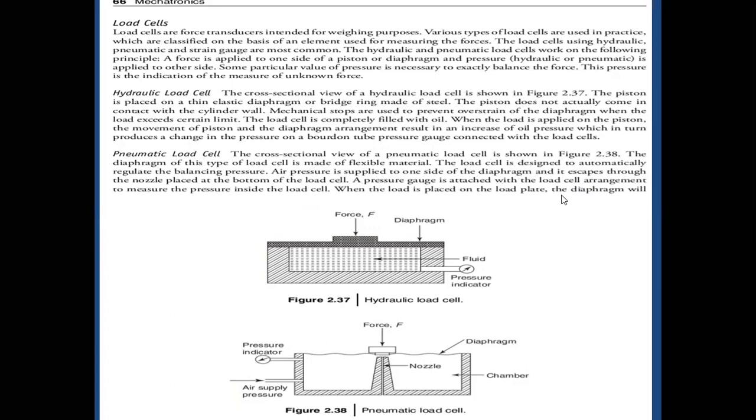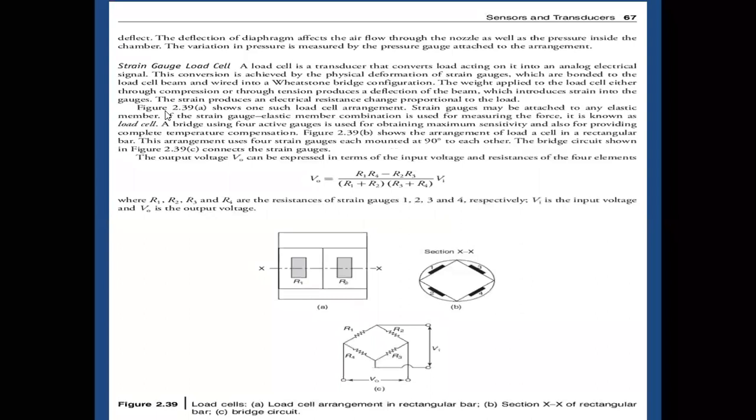When the load is placed on the load plate, the diaphragm will deflect. The deflection of the diaphragm affects the airflow through the nozzle, as well as the pressure inside the chamber. The variation of pressure is measured by the pressure gauge attached to the arrangement.